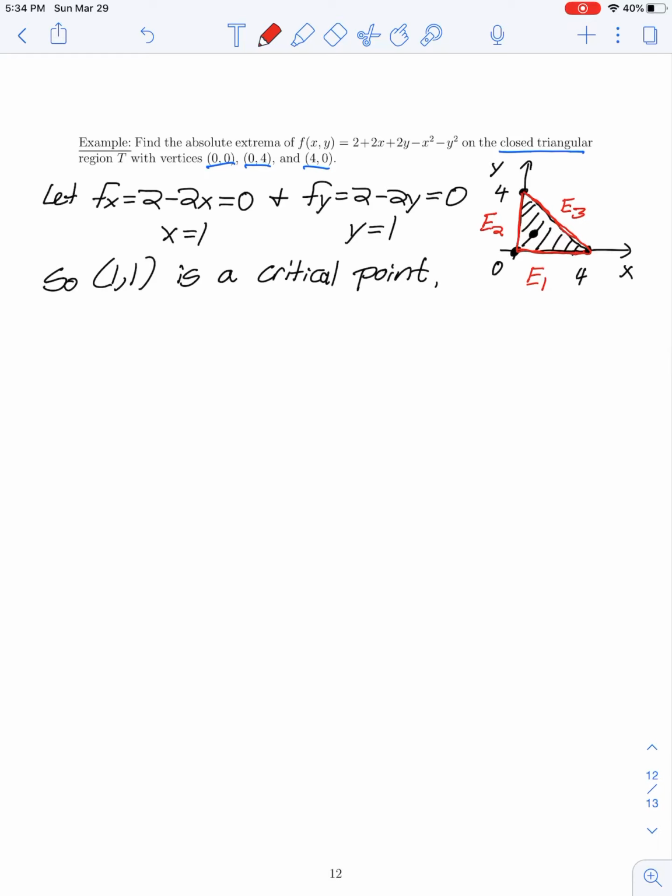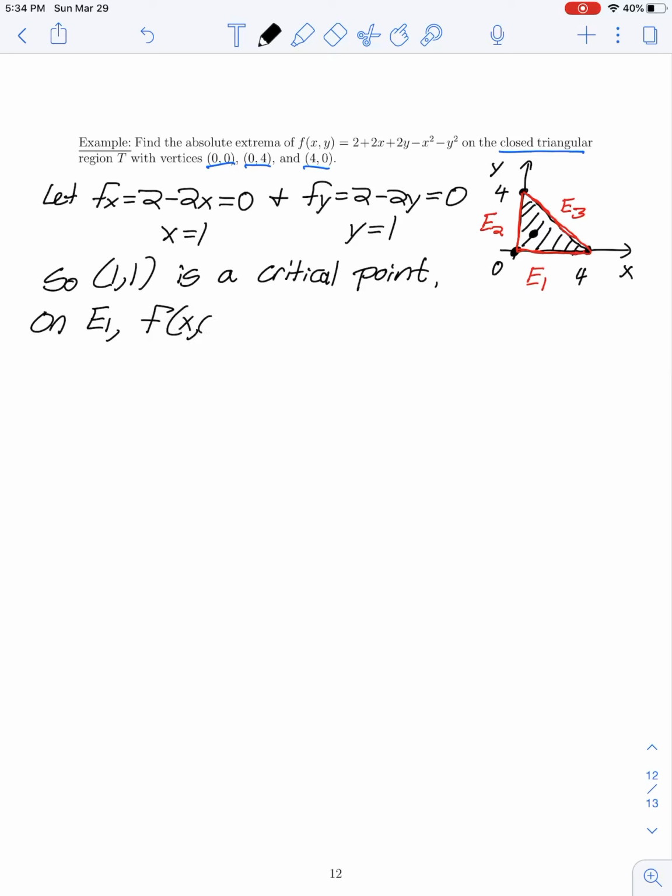I'm going to call these edges E1, E2, and E3. So we're going to restrict ourselves to one of these edges, forming the boundary of our region, and see if we can find the critical points or largest and smallest values that would lie on each of these edges.